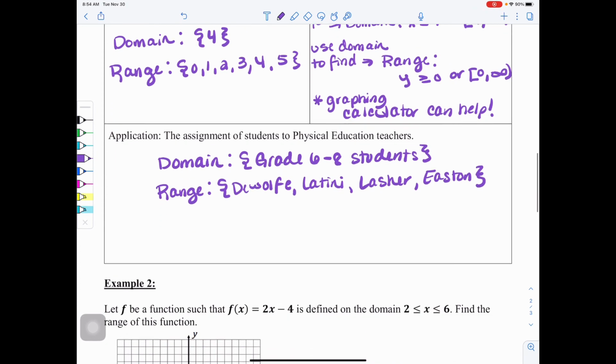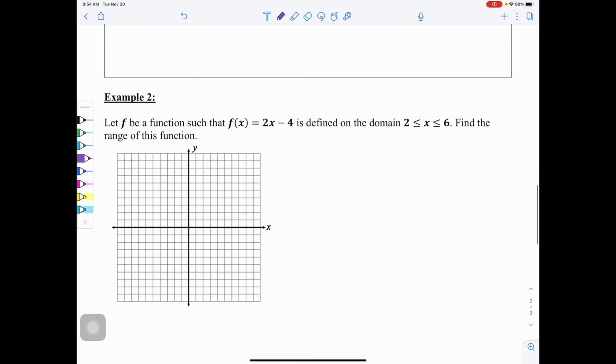The last application of domain and range I'd like to discuss together is example 2. Let f be a function such that f of x equals 2x minus 4 is defined on the domain 2 is less than or equal to x is less than or equal to 6. Find the range of this function. So this is an example of creating a graph where they have restricted the domain, and therefore your range will be restricted to certain values as well.